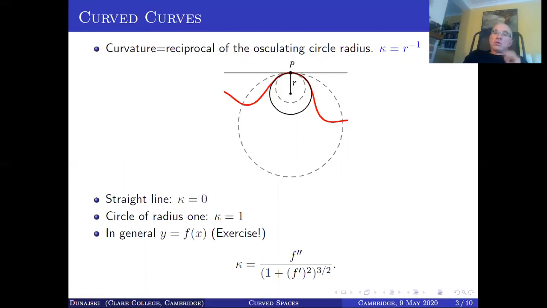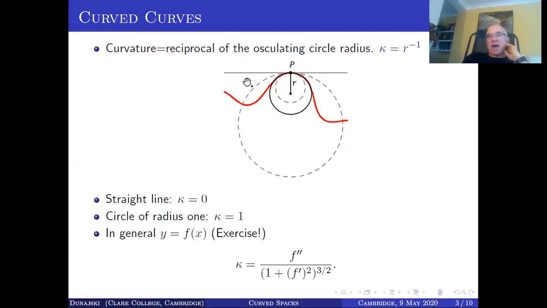Now, you would want to be able to compute the curvature for a general graph of a function. So think of a red curve as a graph of a function y equals f of x. To do that, you have to employ calculus and first realize that what's special about the osculating circle is that it shares not only the first, but also the second derivative at the point P with our curve.